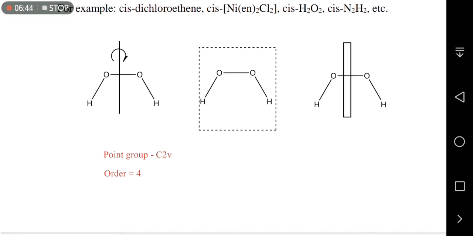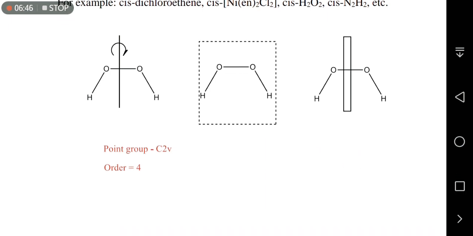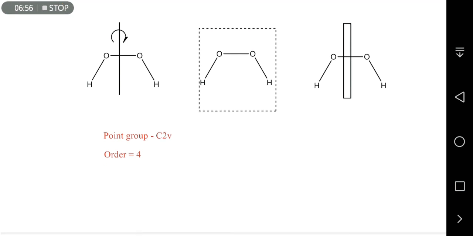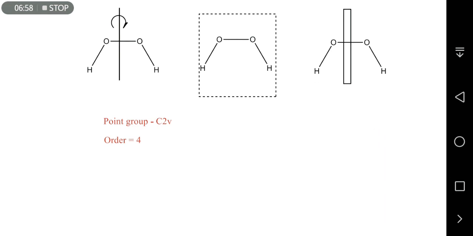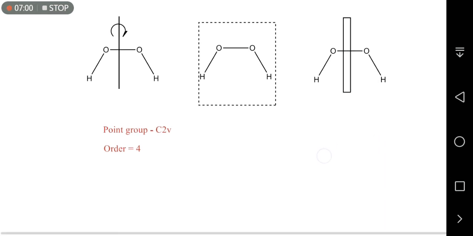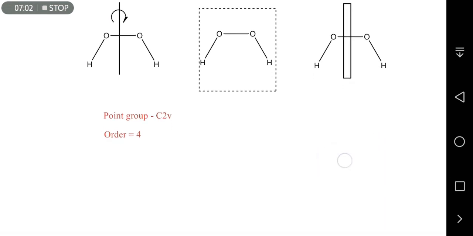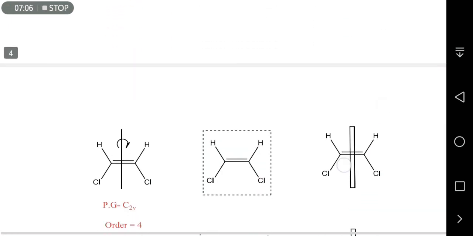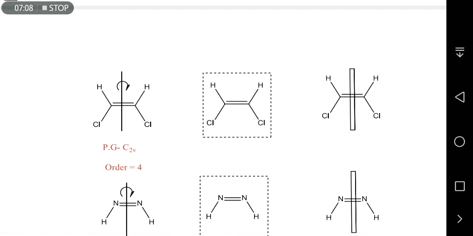You can see here in H2O2, there is one C2 axis present and one vertical plane which is bisecting all the four atoms, and one vertical plane which is reflecting the elements into each other. So what is this point group? C2V, and the order of this molecule is 4. Now let's see, this is 1,2-dichloroethylene.